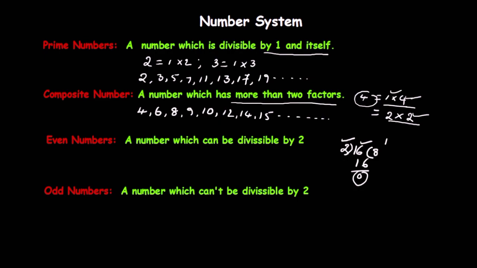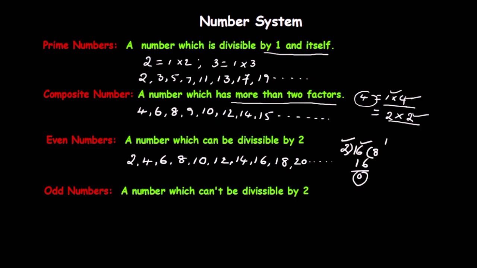So what are the even numbers we have? That is 2, 4, 6, 8, 10, 12, 14, 16, 18, 20, and so on. These all numbers are exactly divisible by 2.